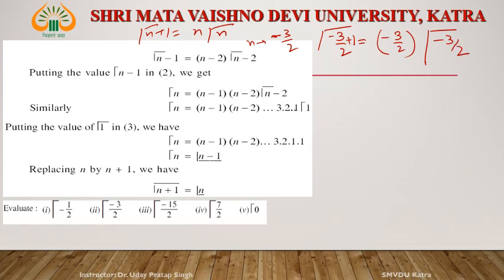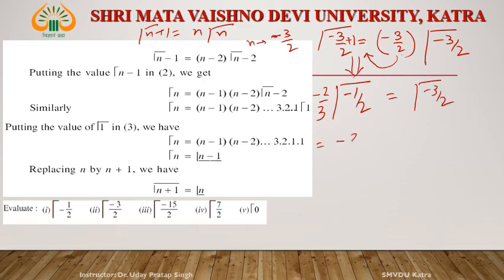Taking this term to the left hand side, it becomes minus 2 by 3 into gamma of minus 1 by 2 equal to gamma of minus 3 by 2.